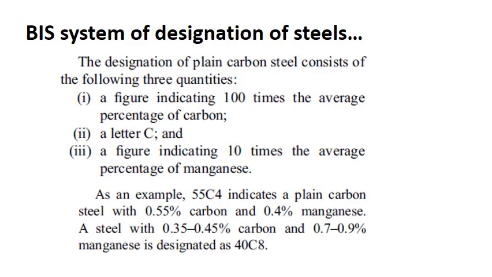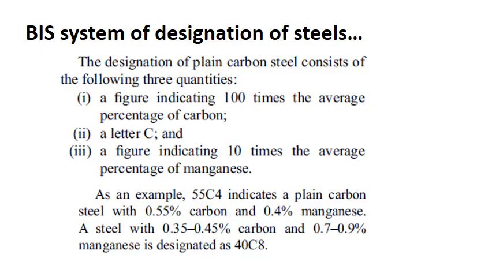So here 55C4, the first example, is a plain carbon steel. What does 55 mean? A figure indicating 100 times the average percentage. 55 is already multiplied by 100. So what is the percentage of carbon now? 0.55. And then the letter C means carbon. And what does 4 indicate?